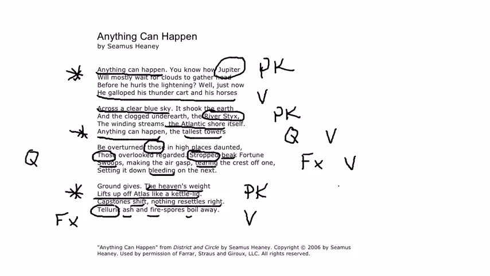So I'm drawing an inference here about an event that the poet is trying to describe, and whatever that event is was one that changed the world forever.